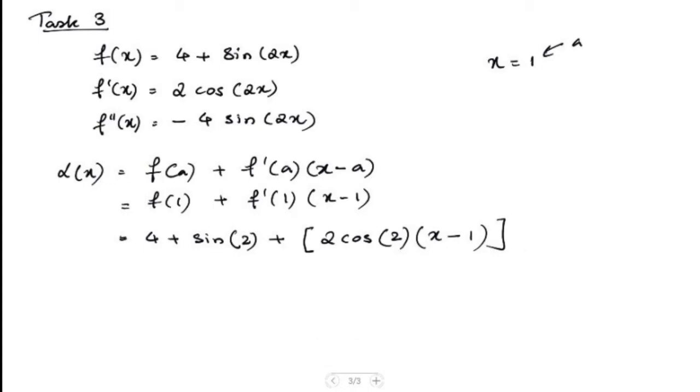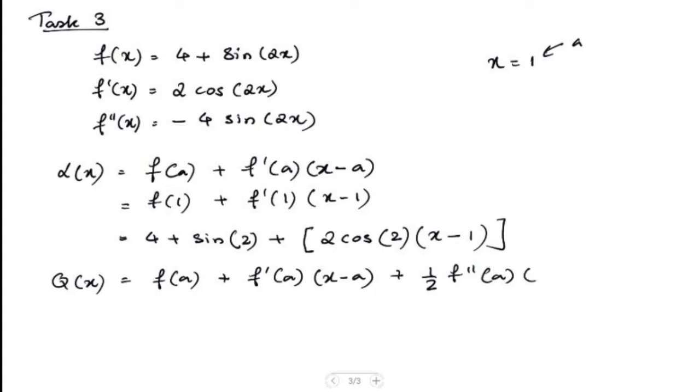Now let's work on Q(x), the formula for which is f(a) plus f'(a) times (x minus a) plus 1 over 2 f''(a) times (x minus a) squared.